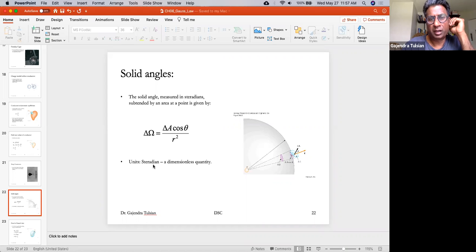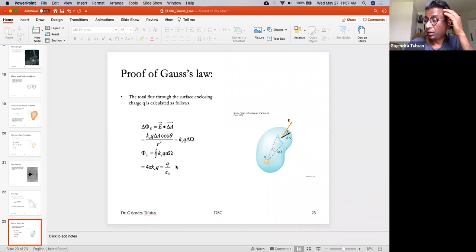Okay, and again, steradian is the unit of solid angle. And for an entire sphere, the solid angle at the center is the surface area of a sphere by R square, which is 4 pi R square by R square, which is 4 pi. So the solid angle subtended by a sphere is 4 pi.